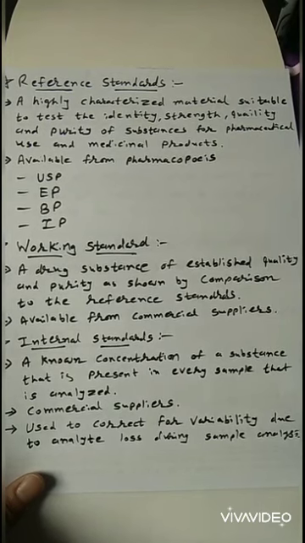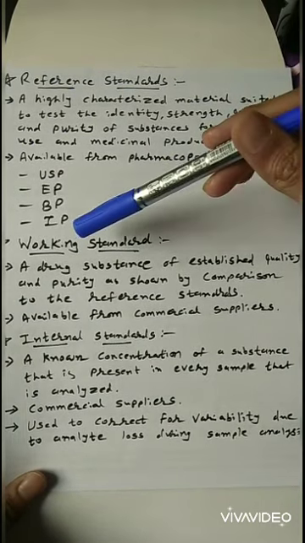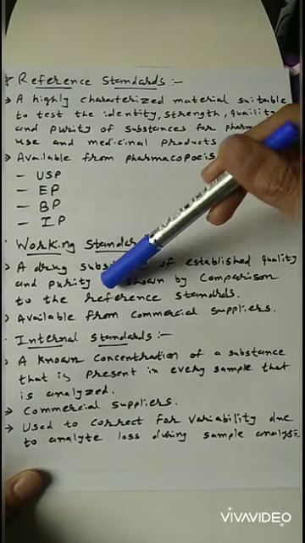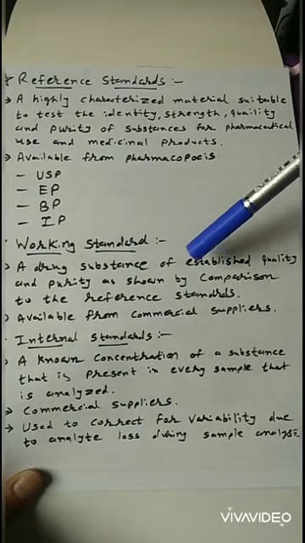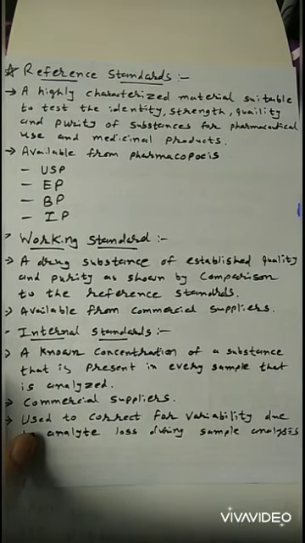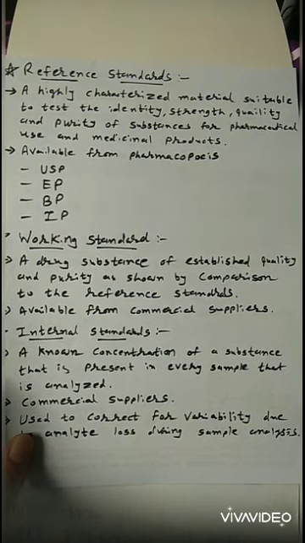Now, what is a working standard? A working standard is a drug substance of established quality and purity as shown by comparison to the reference standards. So, the purity and quality of the working standards are determined based on comparison with the reference standards.